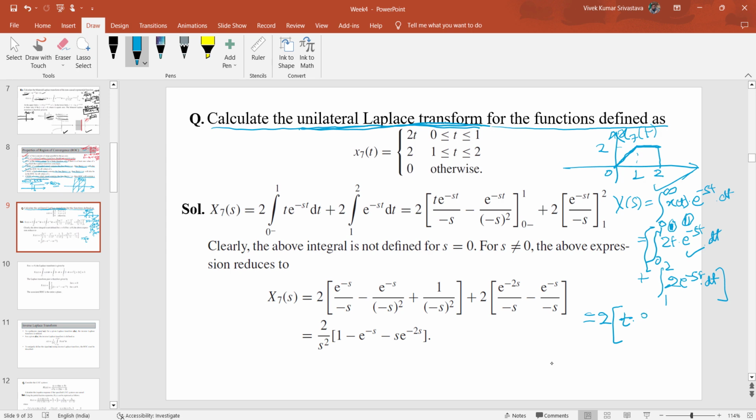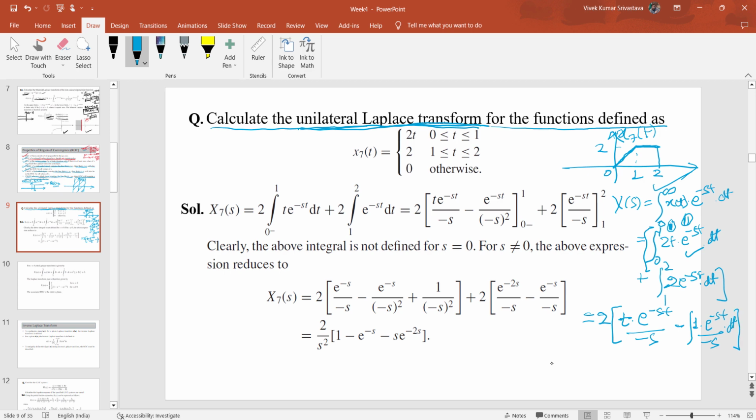Integral of the second function means e raised to the power minus st over minus s, minus the integral of the derivative with respect to t of the first function, which is 1, into e raised to the power minus st over minus s dt. The second integral is e raised to the power minus st over minus s, with the limit from 1 to 2. For the first integral the limit is from 0 to 1.